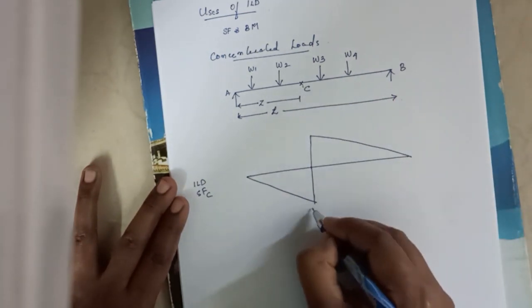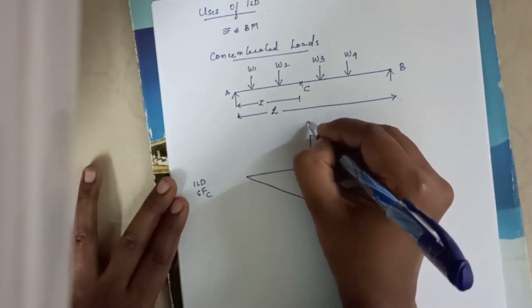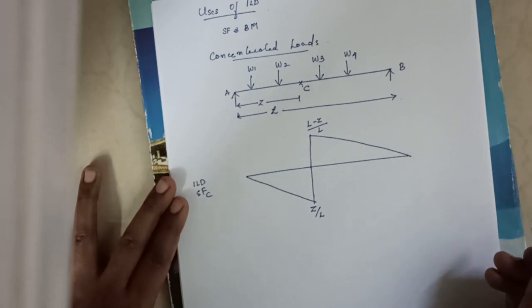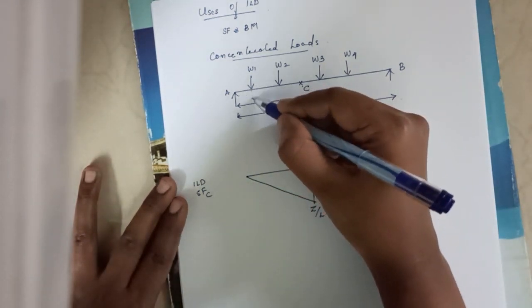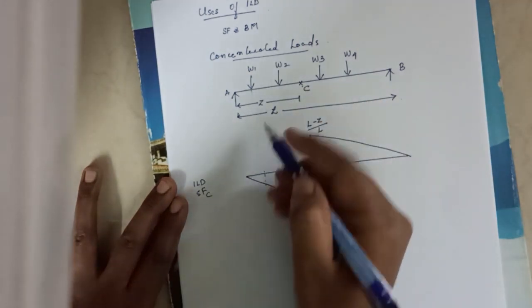The value here will be Z by L. The value will be (L minus Z) by L. Then find the ordinates corresponding to each load.